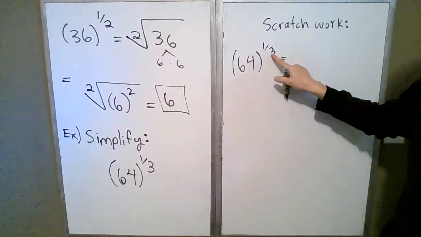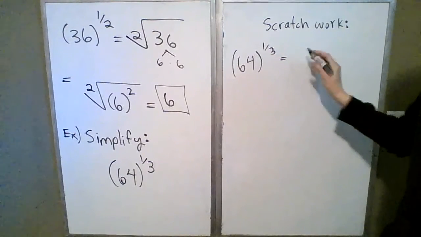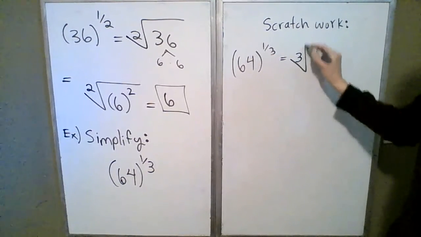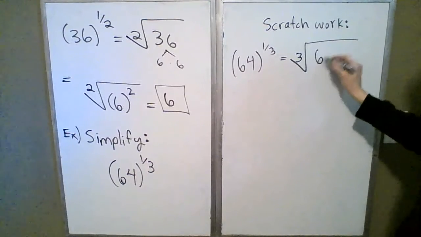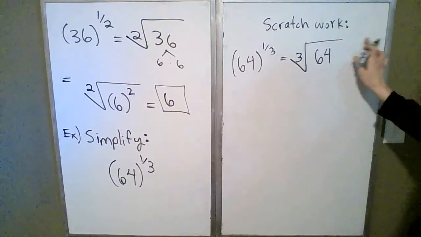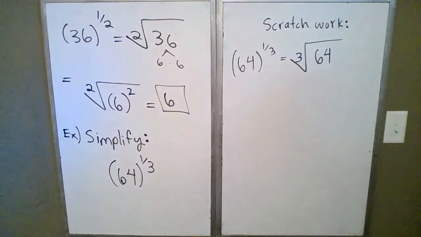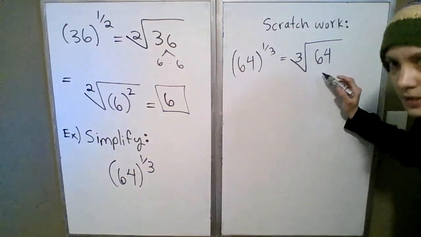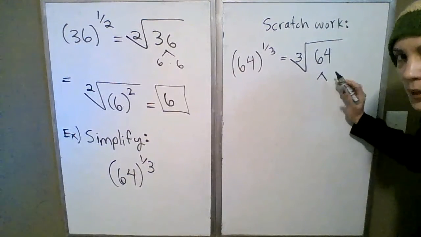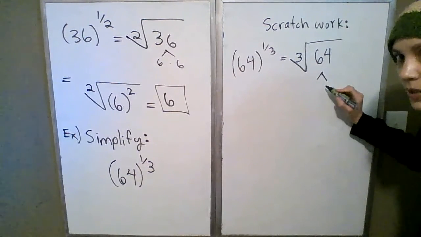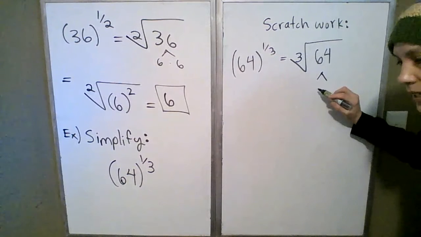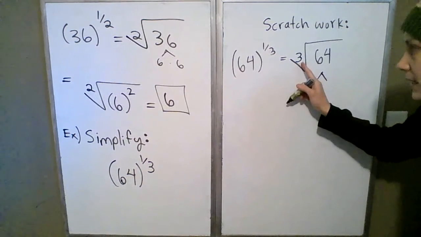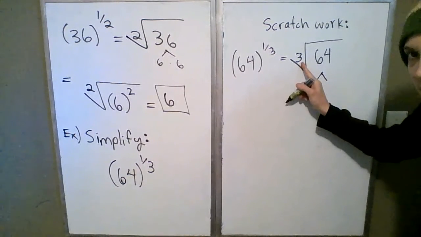Again, it's whatever value's in the denominator that ends up as your root. Okay, and then you can factor 64. And as I said before, you could fully factor this number, or you can factor it in a way that has an exponent that matches the root.